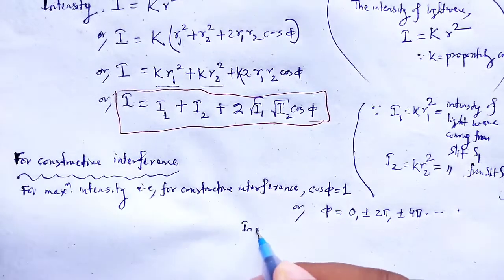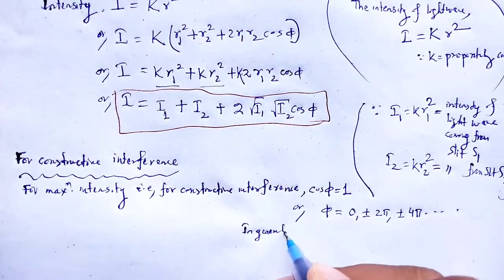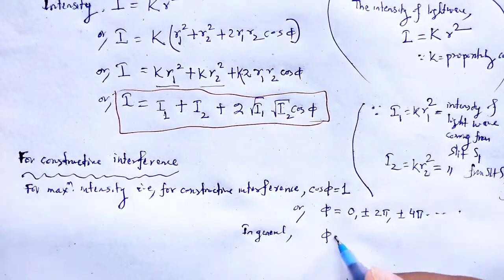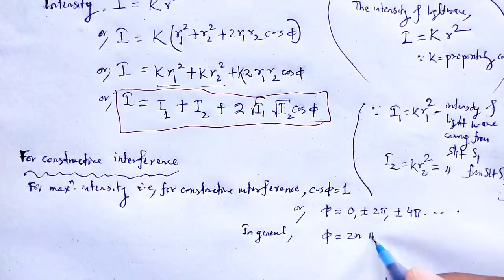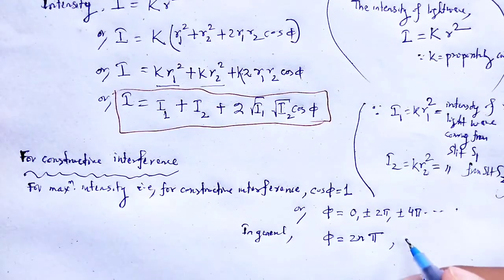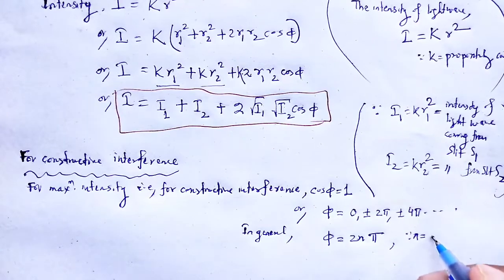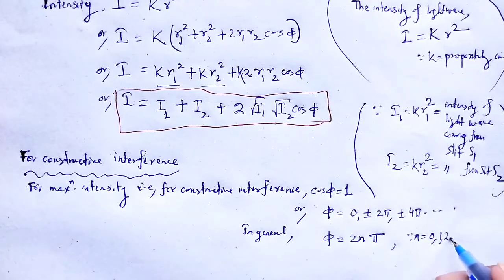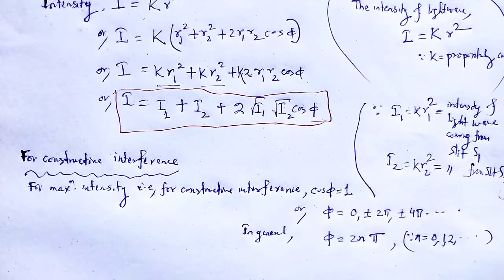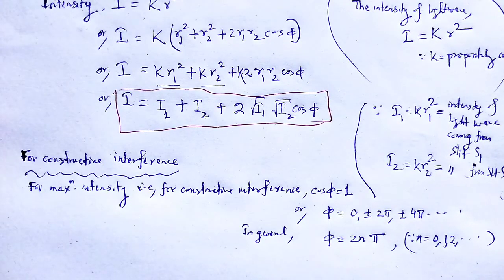In general, we say phi is equal to an even multiple of pi, 2n pi, where n is 0, 1, 2 and so on. That is the phase difference phi.